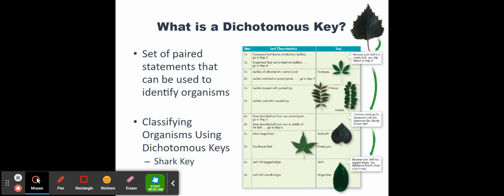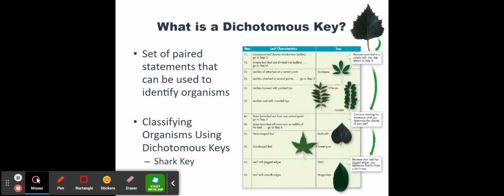A dichotomous key is where you go through a series of steps, kind of like a pick your own ending book, where if you're reading a thriller and it says if you want the main character to live, go to page blah blah blah. If you want the main character to see the scary person, go to page 102. So you choose your steps. The same thing happens with the dichotomous key.